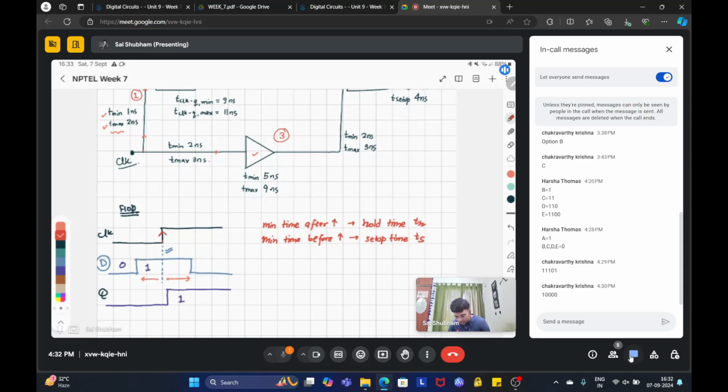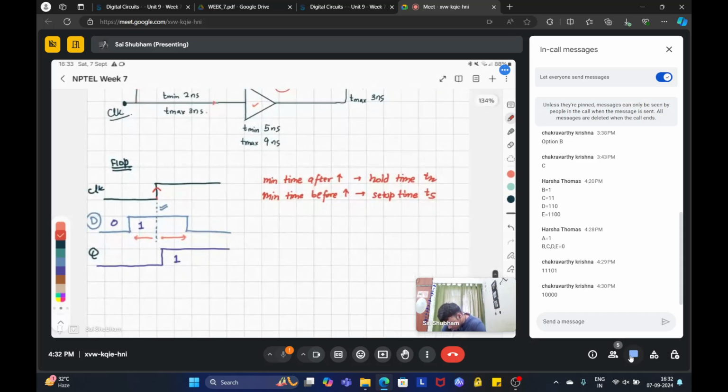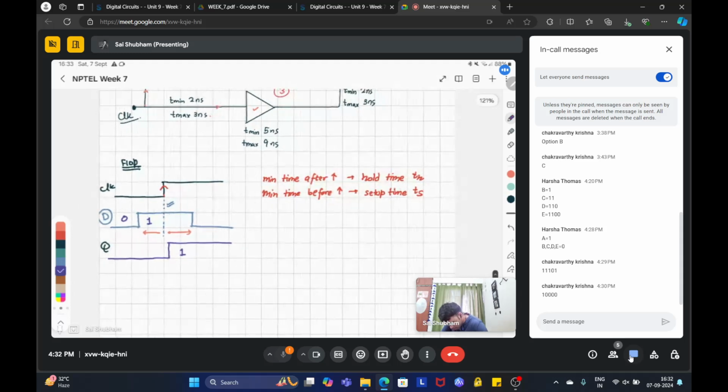If it violates this, then your circuit may not work because it will move on to some metastable condition. Metastability in a flip flop is when the data is not properly latched. For example, let's take this case. This is your clock, and your data D is available here, and your setup time was this much.